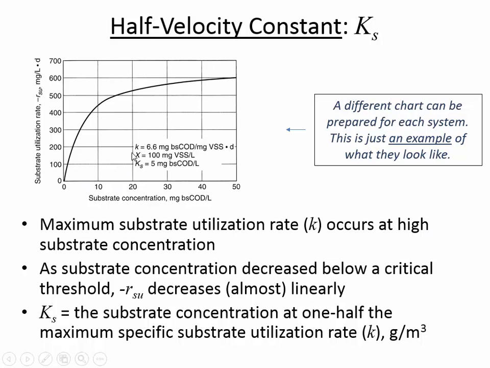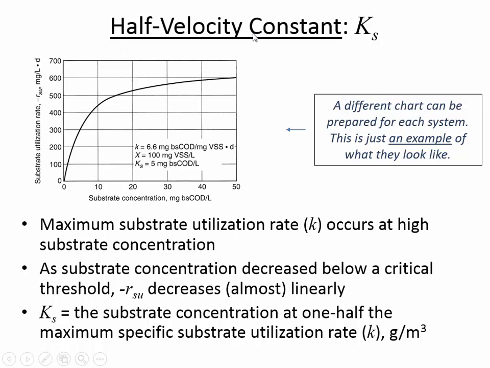What this is showing, the K value, is the ratio of the maximum rate, 600, divided by, in this case, the concentration X, which was 100, so 6.6 milligrams of BSCOD per milligram of VSS. Oh yeah, all right, because there's also the ratio of the TSS to VSS. So X, remember, is the concentration of the microorganisms inside of the aeration basin.